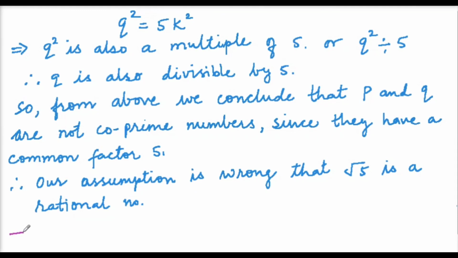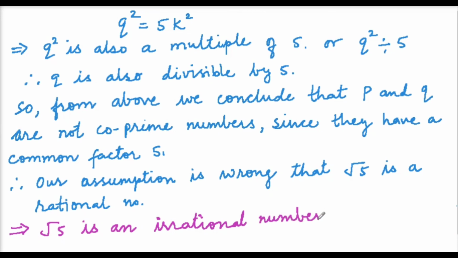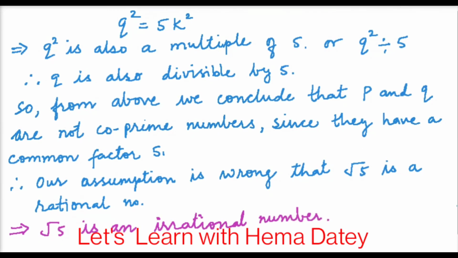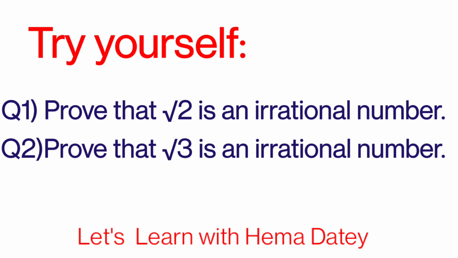Since our assumption is wrong, we can say that square root of 5 is an irrational number. And it is proved.